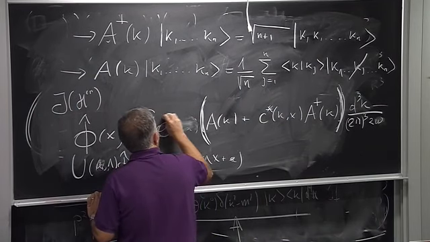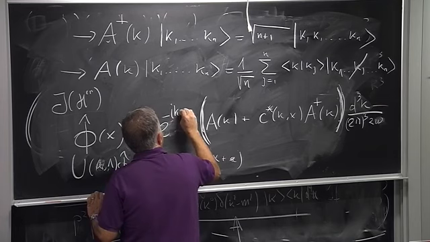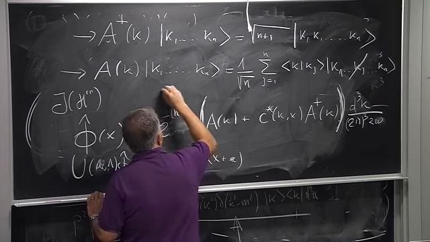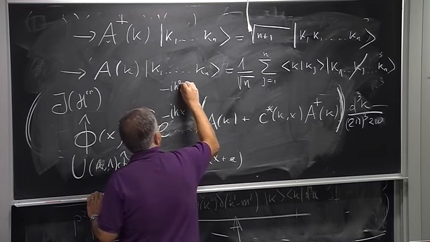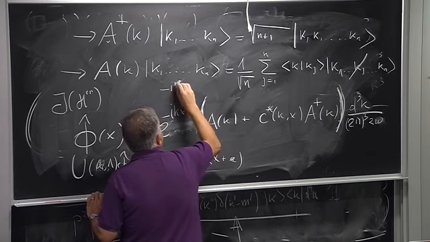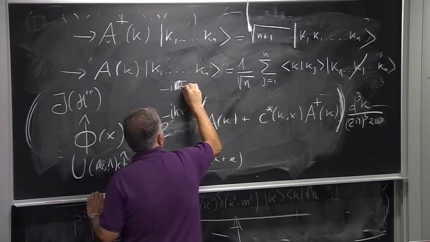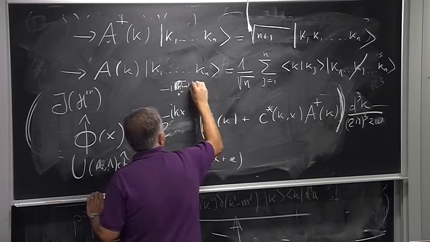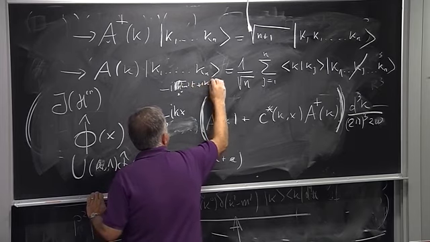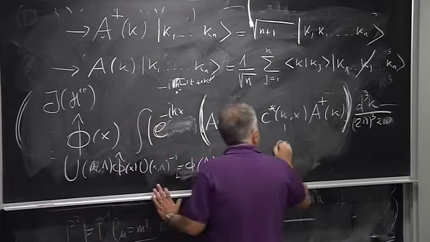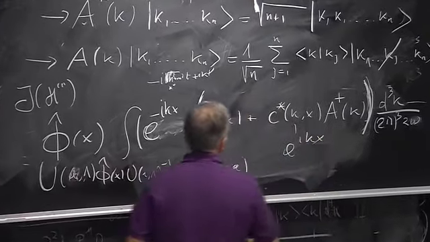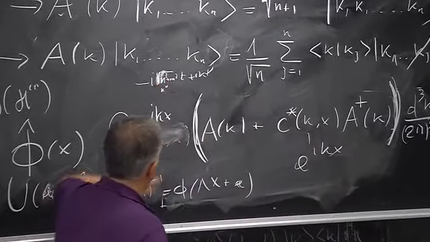has to be e to the minus i k x, which means minus i k0 t, let's say square root of k squared plus m squared. This is k0. T plus e to the i k x. And this is a e to the i k x, the complex conjugate of this.